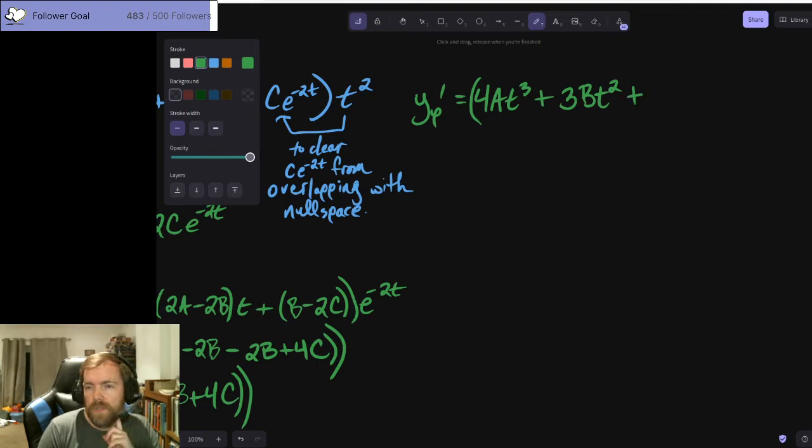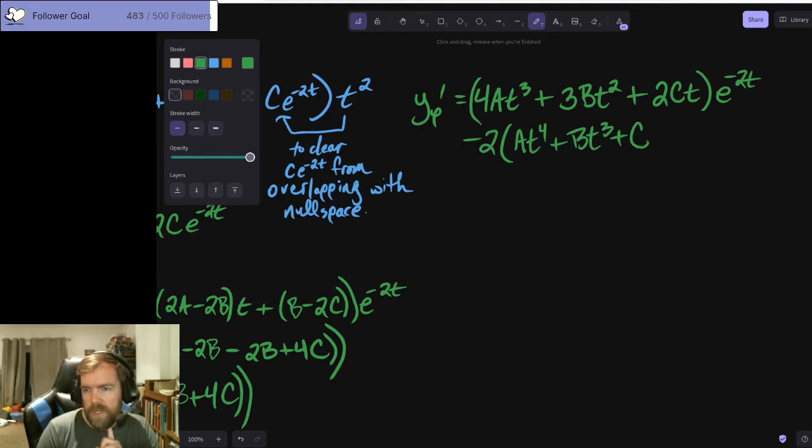Plus 2c t, e to the negative 2t on all of it, plus a negative 2, minus 2 times a t to the fourth plus b t cubed plus c t squared, e to the negative 2t.